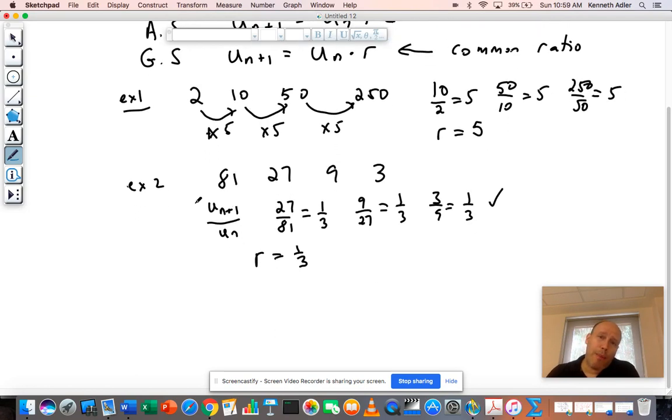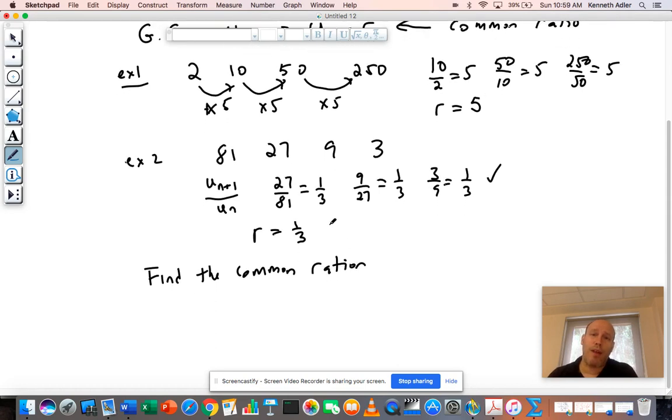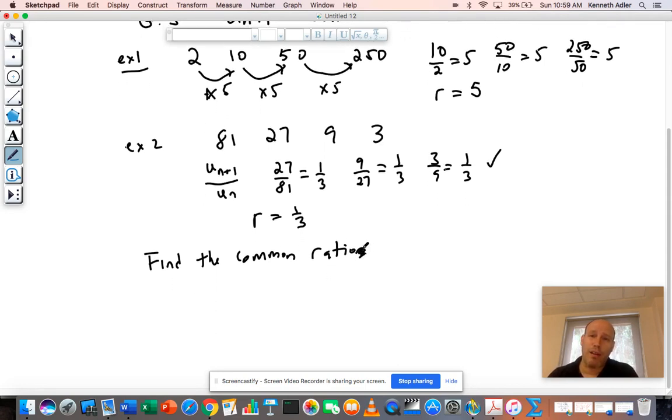So here are some examples, and I'd like you to figure them out on your own. Find the common ratio. Get this in your notebook. Try this: 3, 30, 300, 3,000.